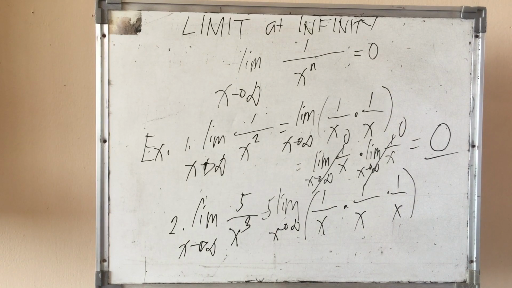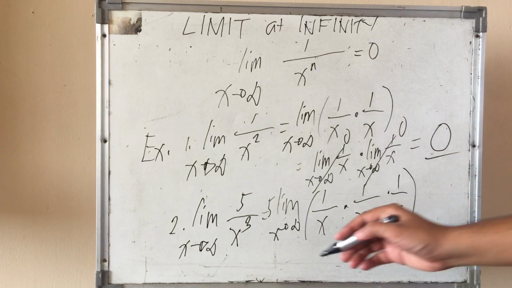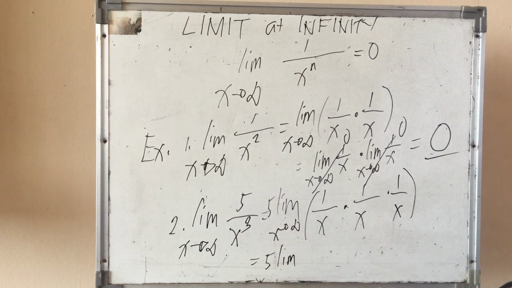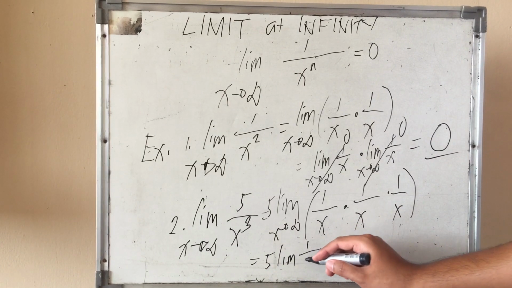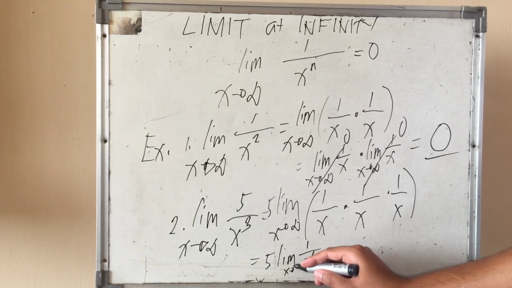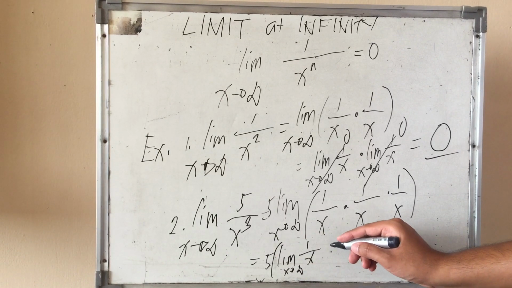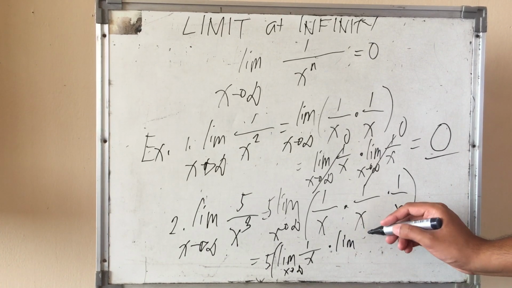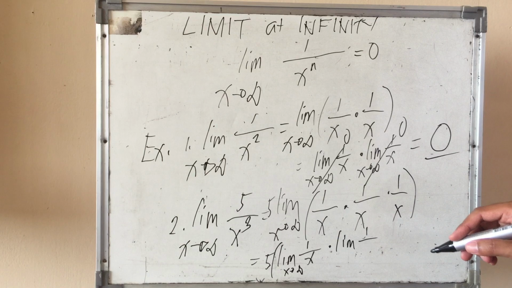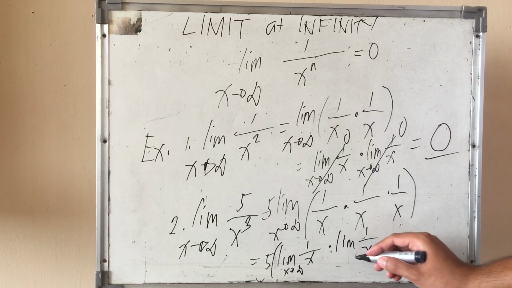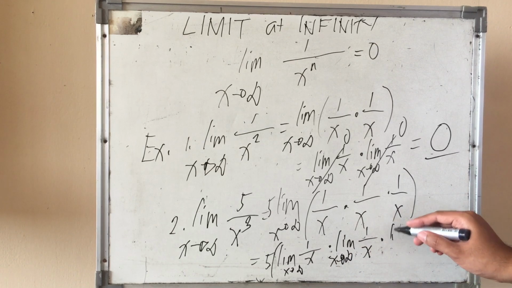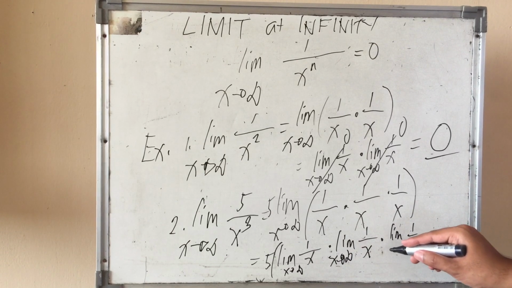Applying our properties of limit, this is equal to 5 times limit of 1 over x as x approaches infinity times limit of 1 over x as x approaches infinity times limit of 1 over x as x approaches infinity.